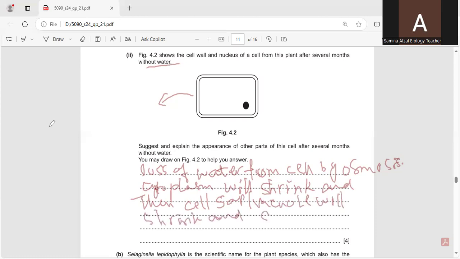and the cell membrane will pull away from the cell wall. So if we draw all these conditions, we can see that.